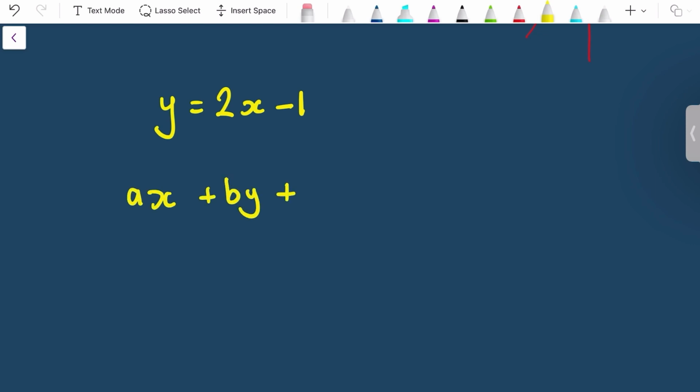Sometimes a question will expect you to write the equation of your line once you've worked it out, once you've calculated it, and let's say you found that the equation of your line was y equals 2x minus 1. And for the very final part, the question would want you to write your equation in the form ax plus by plus c equals 0, and it will specify where a, b, and c are integers.